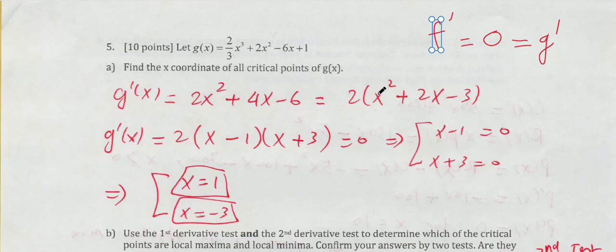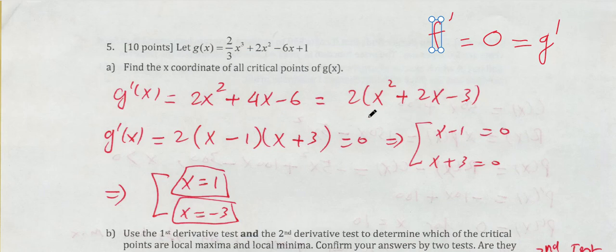And I can further factor this trinomial x squared plus 2x minus 3, which becomes x minus 1 and x plus 3. The reason is that -1 times 3 gives me -3, and -1 plus 3 gives me +2. That's why these two are the factors of this trinomial.